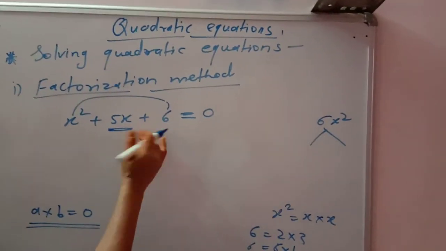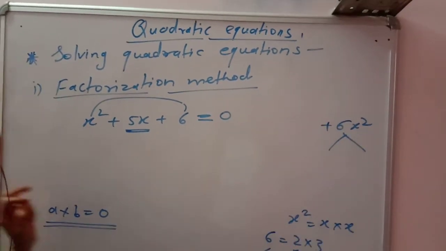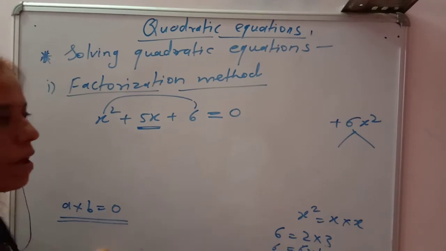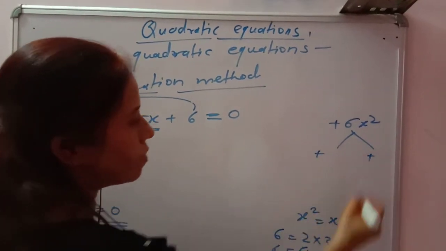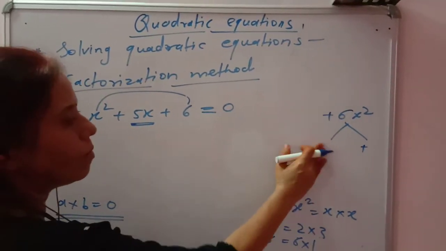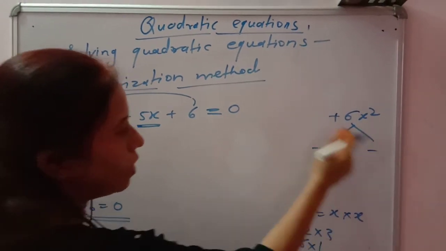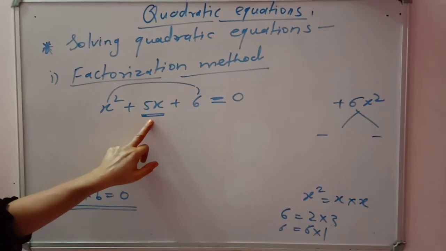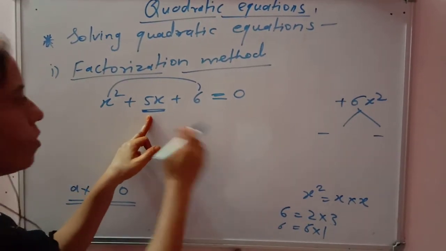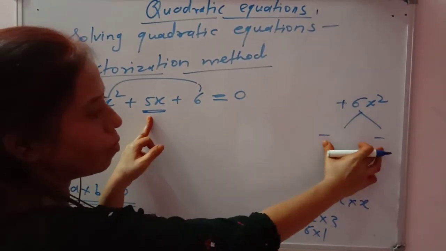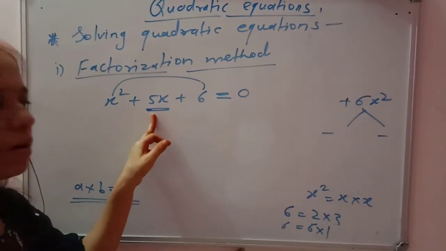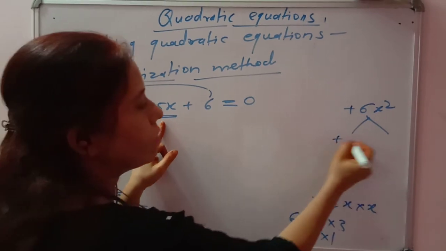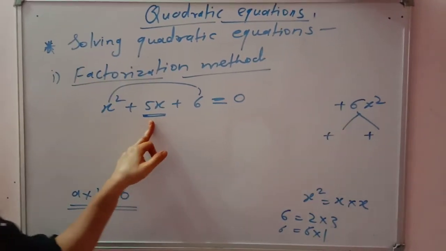And see, this term is positive, and when the product is positive, what are the two possibilities? Either both terms are positive or both terms are negative. But here our middle term is positive, so both may not be negative. This will never happen. So both factors should be positive.